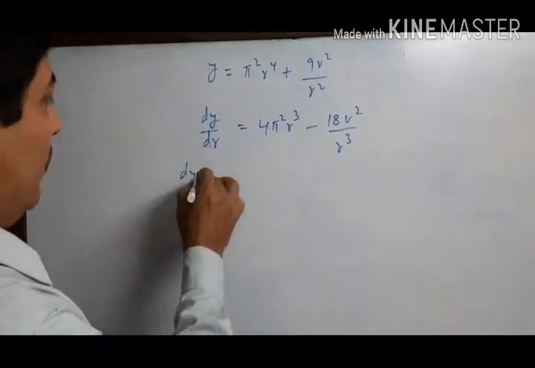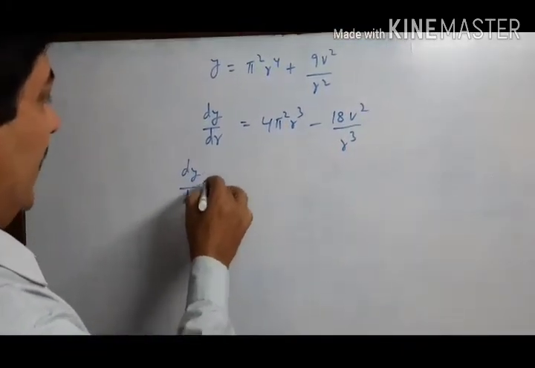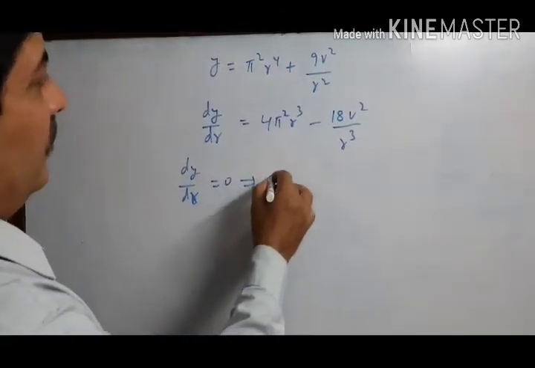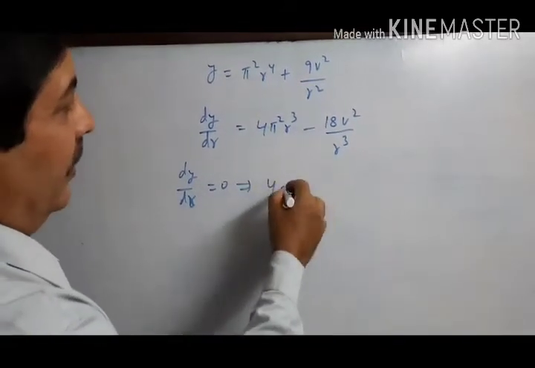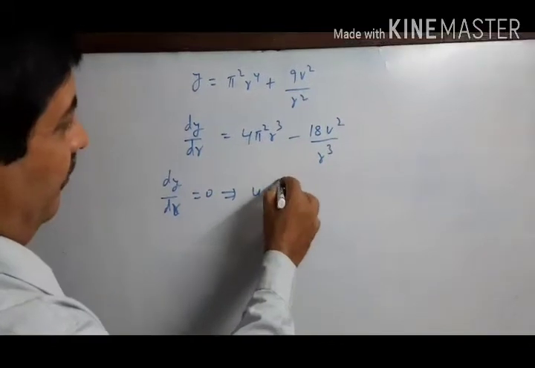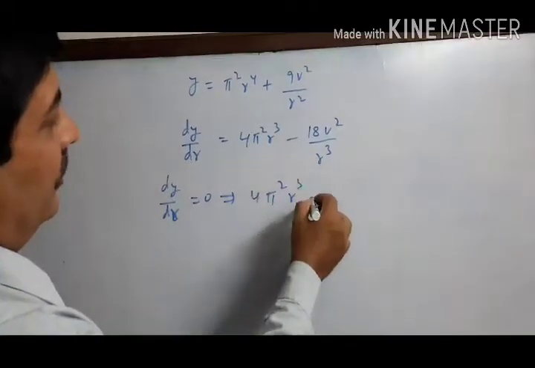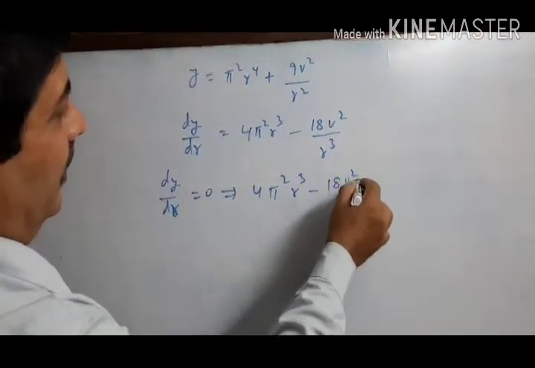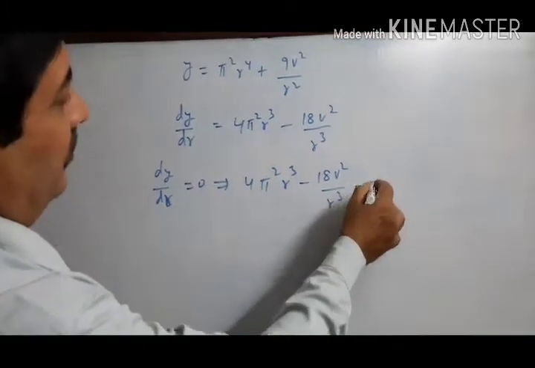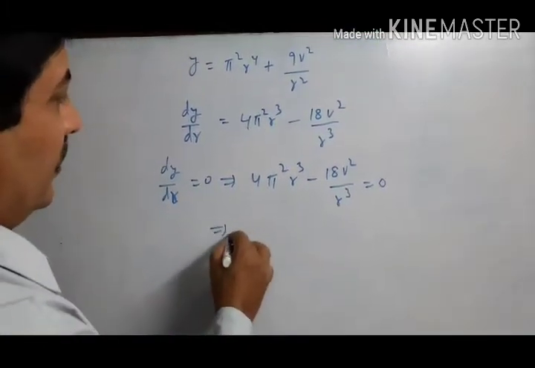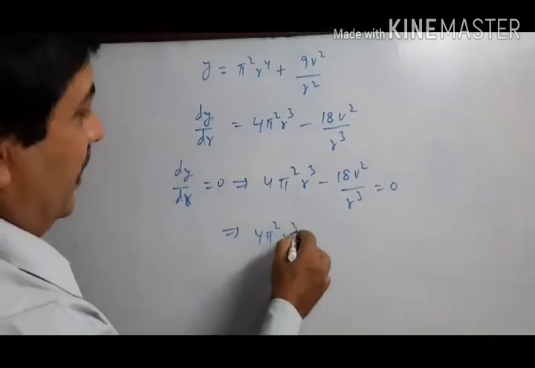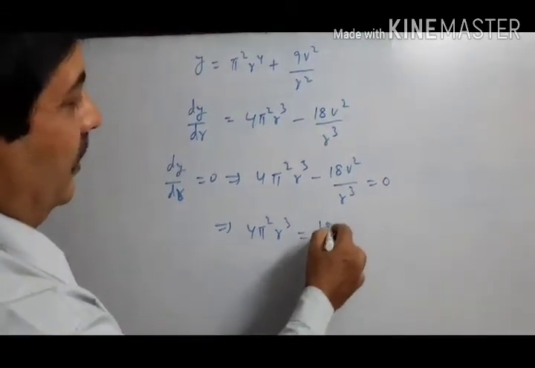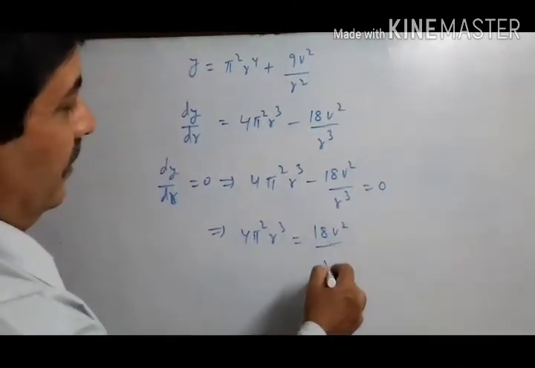Now take dy by dr as 0, which will give you the value of V. 4 pi square r cube minus 18V square by r cube equals 0. So take it as 4 pi square r cube equals 18V square by r cube.